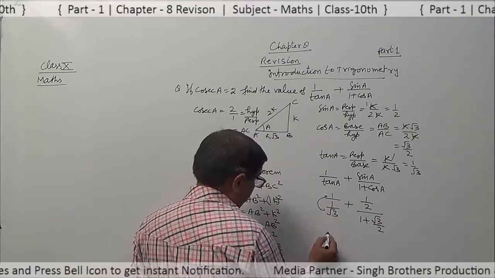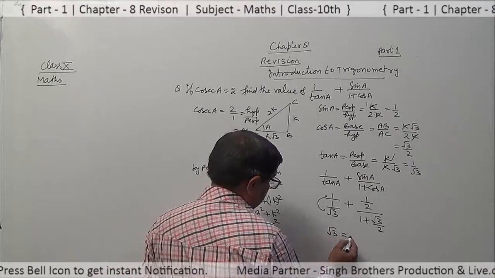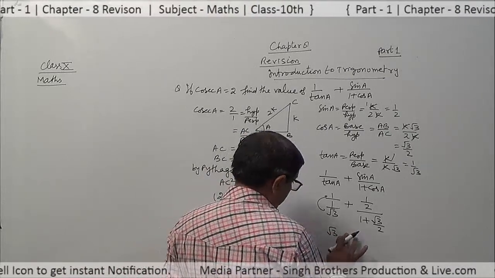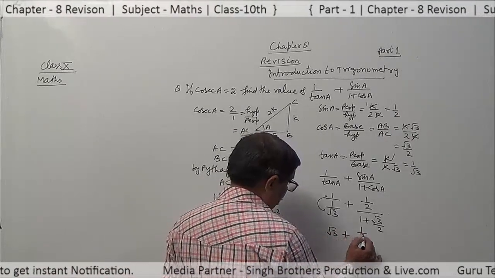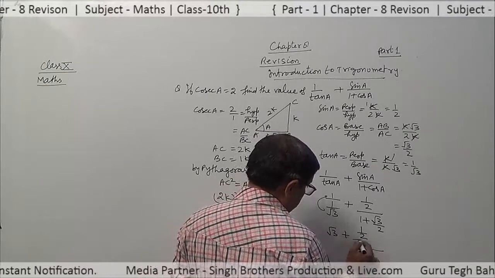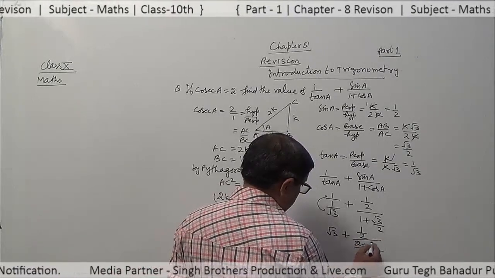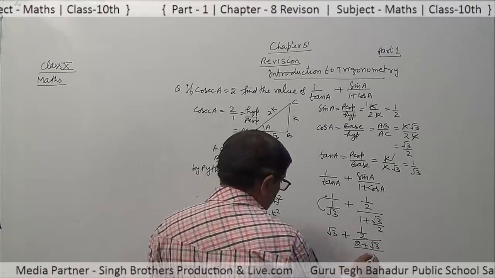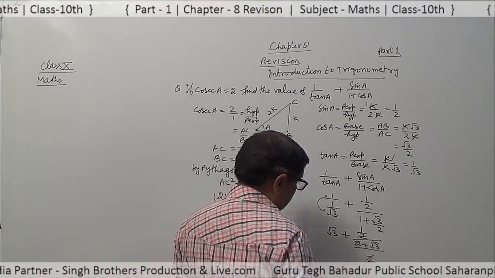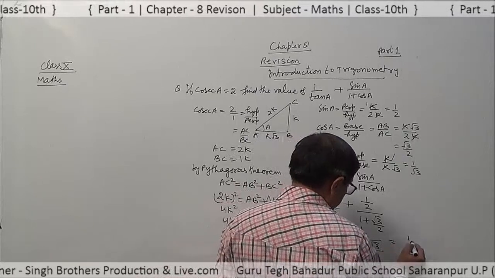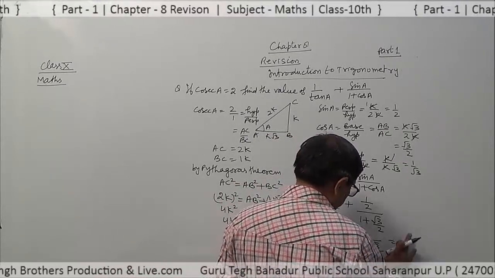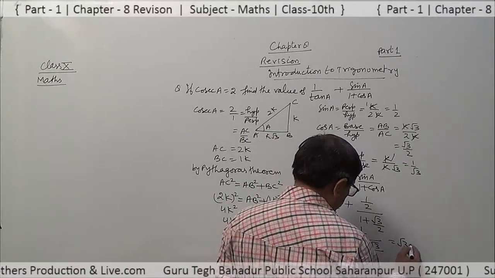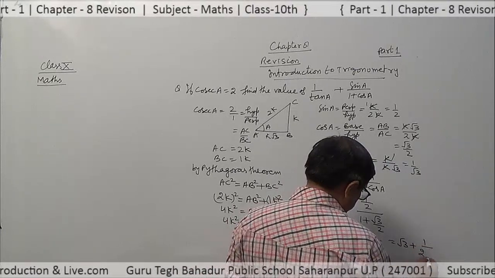That comes in the numerator. Plus, 2 is the LCM, 2 plus root 3. This 2 and 2 cancel. So, it is equal to root 3 plus 1.